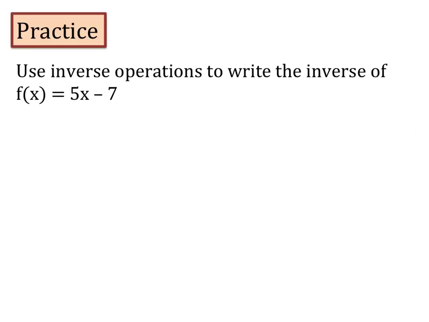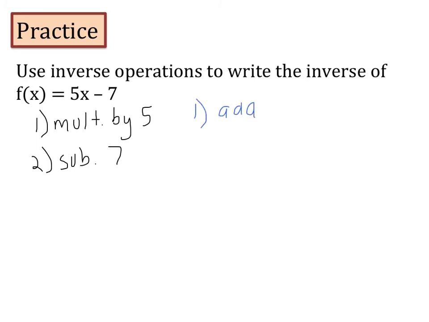So let's try a practice problem now. So we know that x in this example, first thing that's happening to it is that it's being multiplied by 5. Then we're subtracting 7. So if we flip that, we're going to add 7 and divide by 5.